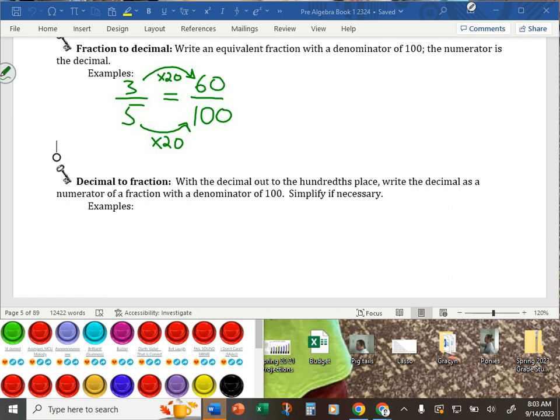And the reason why we wanted to get this to something out of 100 is you could read this fraction 60 hundredths. Right? 60 hundredths. Remember, in decimals, there's a hundredths spot. 60 hundredths as a decimal would be no wholes, because it is a proper fraction, it's less than 1. But then 60 hundredths, 0.60.